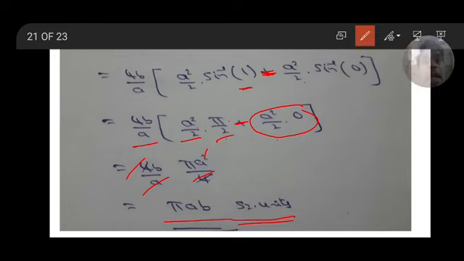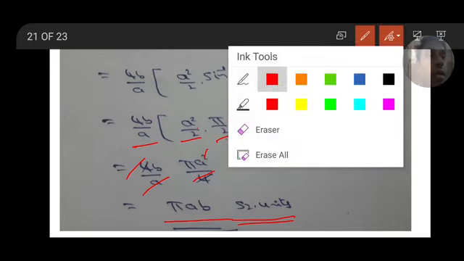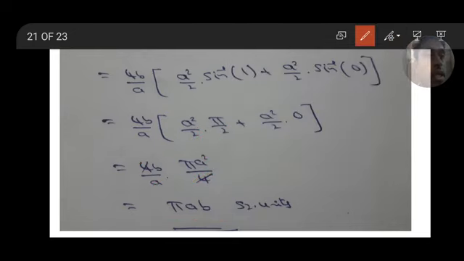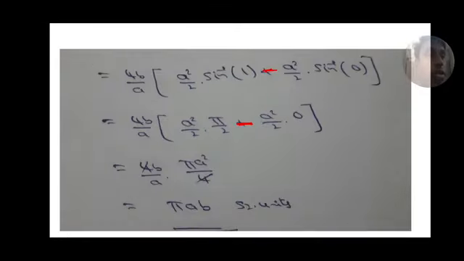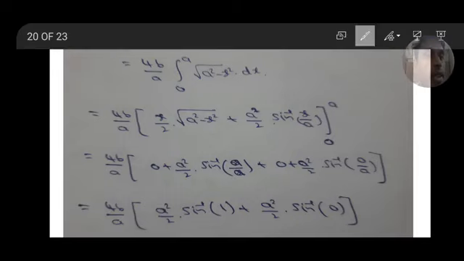The ellipse is x square by a square plus y square by b square equal to 1. Only a little change here: it is also minus, I forgot to put minus, here also it is minus of the total, and here also it is minus.